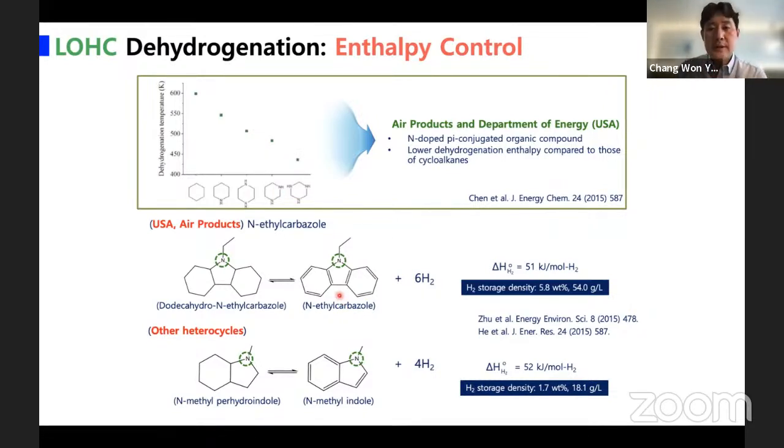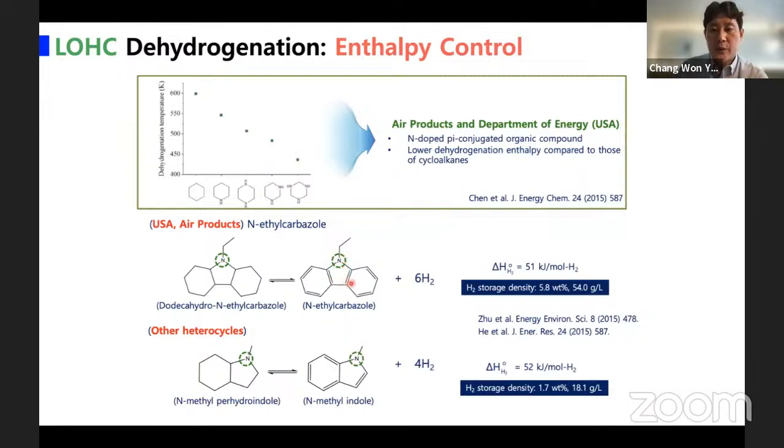Using this concept, the Air Products company in the United States actually developed a new type of LOHC, called N-ethyl carbazole, with 3 rings here, and in the center ring, they introduce a nitrogen atom.